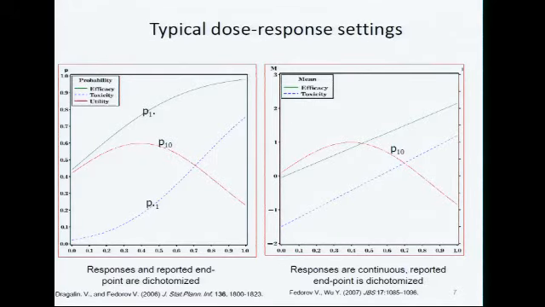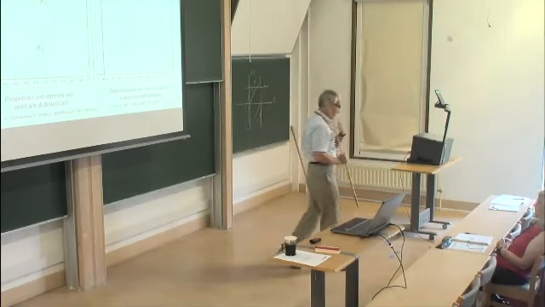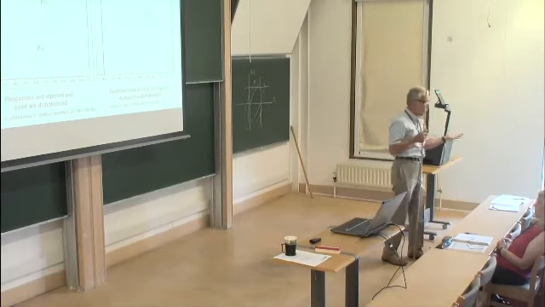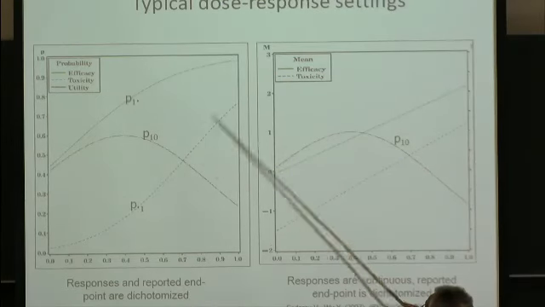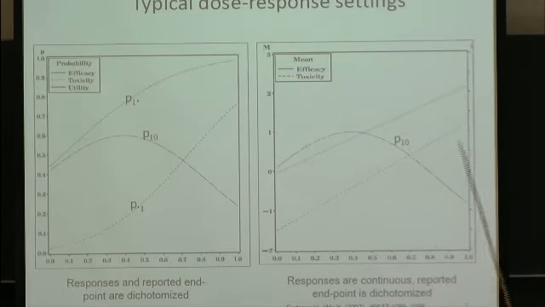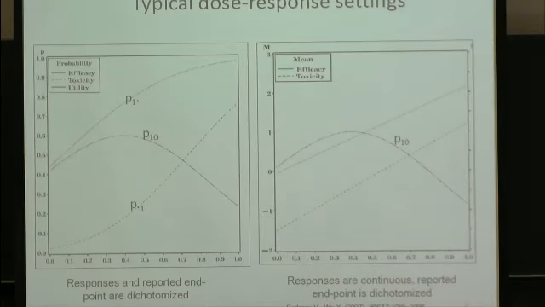Now, in typical dependence, look at this plot, because we are talking about the binary or dichotomized case. The typical curves are something like this. The marginal probability of efficacy goes up when the dose increases, the probability of toxicity goes up when the dose increases, very natural, and the probability of efficacy and no toxicity actually has this bell shape.